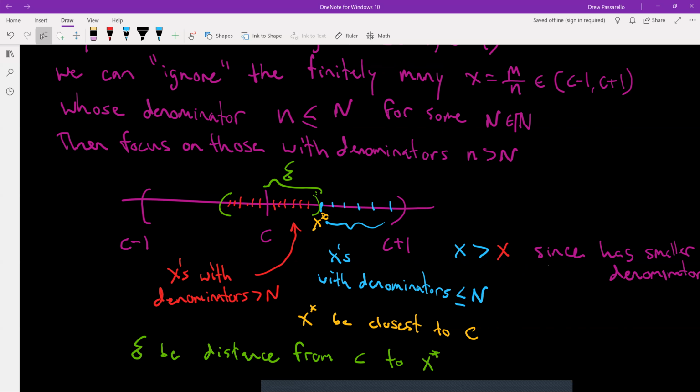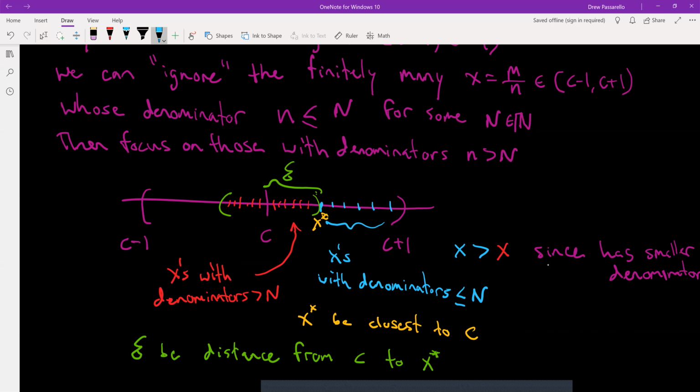So what we're going to do is find the value x star in yellow, the one that's closest to c, and then let delta be the distance from c to this x star value. Then we can form an interval c minus delta, c plus delta, so that the x's within this interval are the x's with denominators bigger than capital N. Hopefully that makes sense.